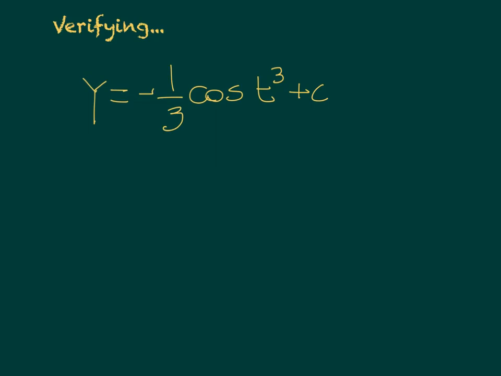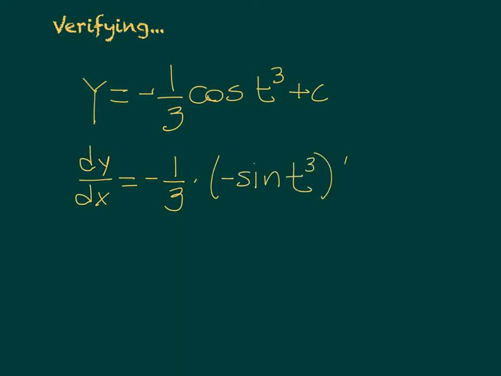Let's do the verifying. If the function is y equals negative 1/3 cosine of t cubed plus c, the derivative will be the constant negative 1/3 times the derivative of cosine, which is negative sine of t cubed, times the derivative of the argument, which is 3t squared, plus 0, which is the derivative of a constant.